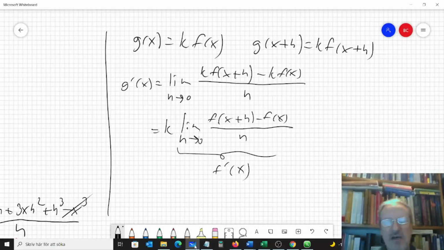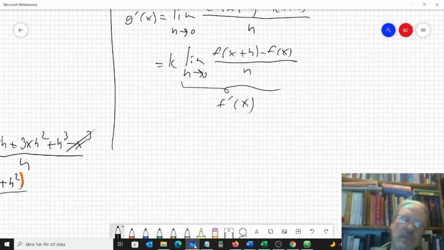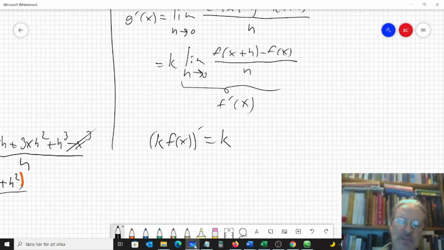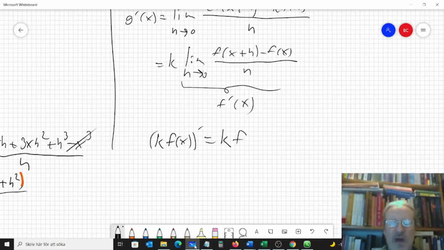So we have actually found our first little bit more general rule, and that is that if you have a constant times a function, and take the derivative of that, we just keep the constant and take the derivative of our function.